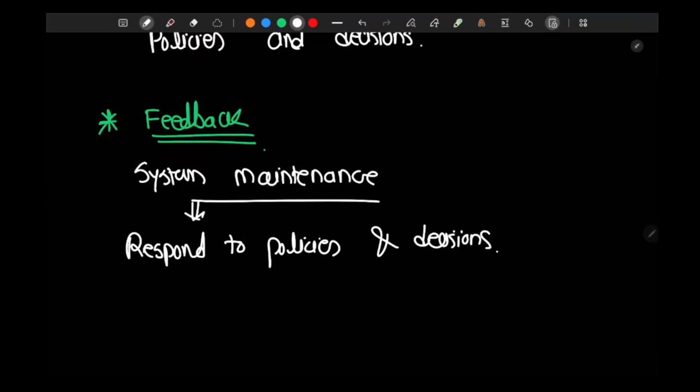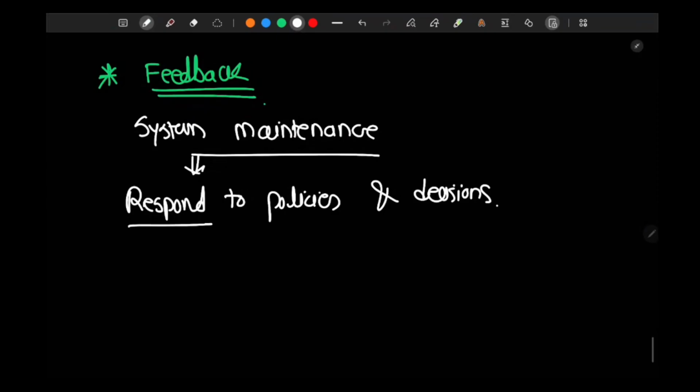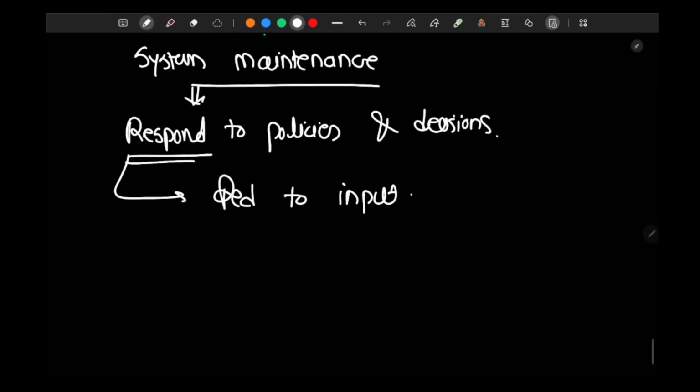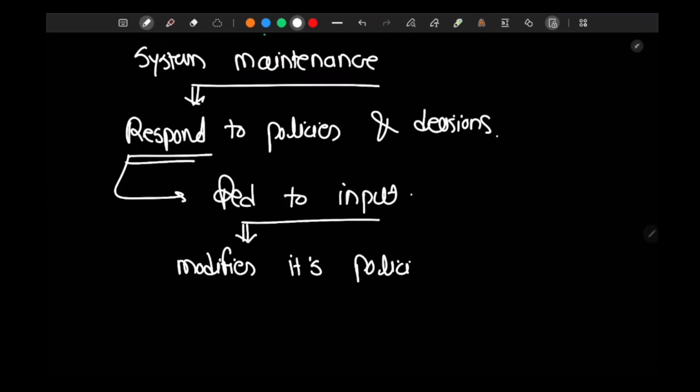This response is fed to input, and the system automatically modifies its policies and decisions.